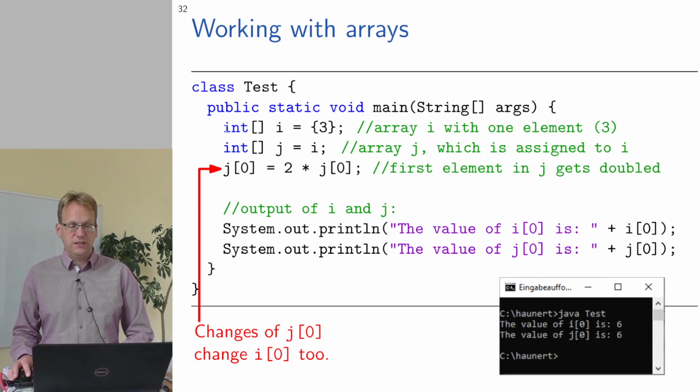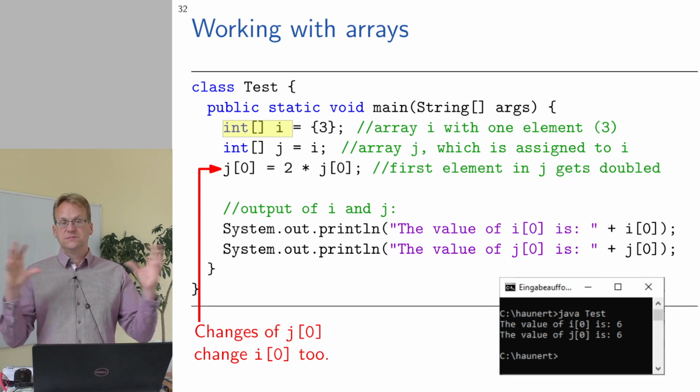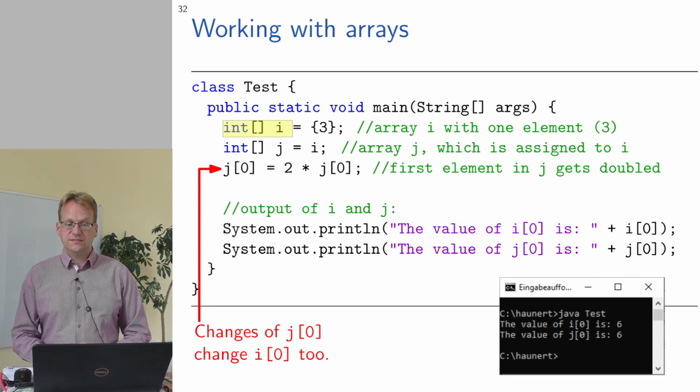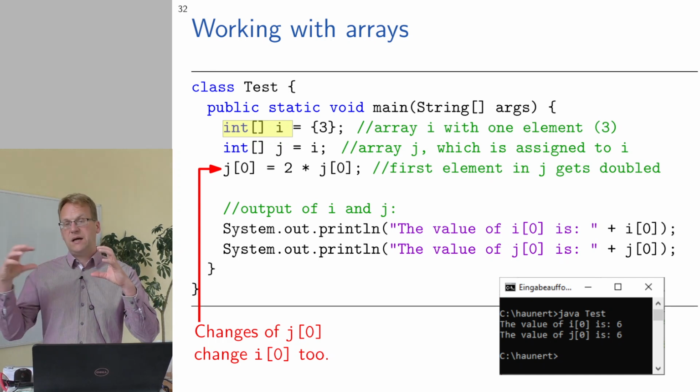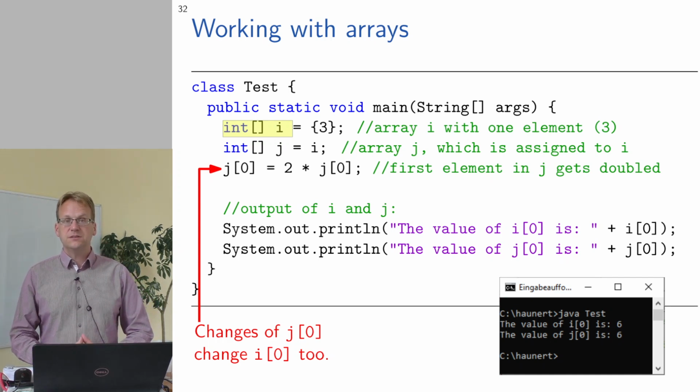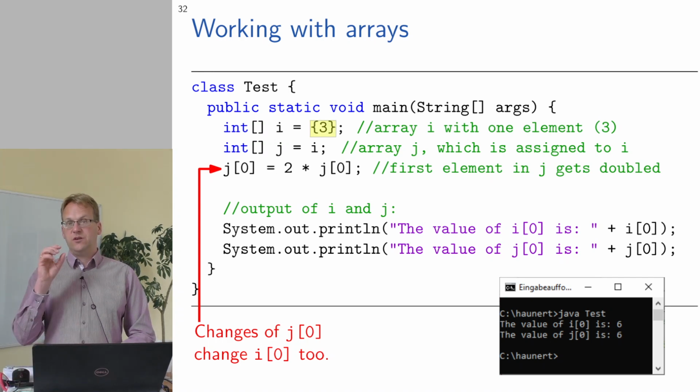What we are doing here, first of all, is introducing an array i of type int. This array we visualize as a container, a container that can contain multiple variables, multiple values. Here we take a container of size 1, so only this single number 3 is in this container i.